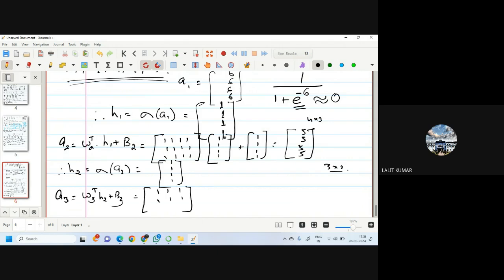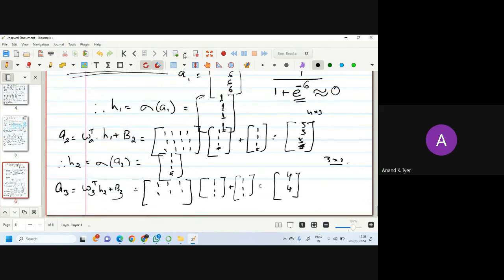We have made some mistake somewhere. H1 is 4 into 3, this is 3 into 4. So this will become 4, 4, 4, 4 and 4.